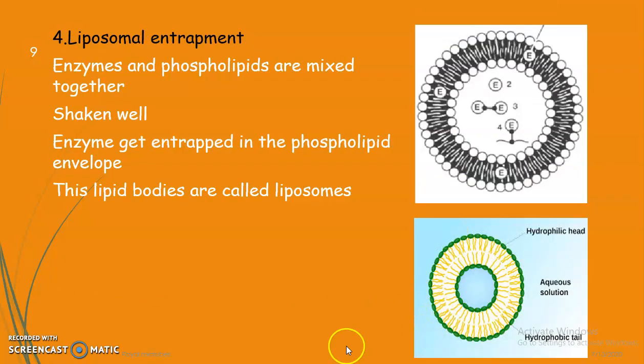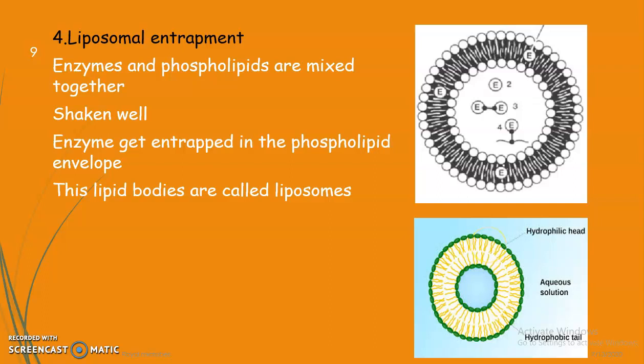Then the fourth one is where enzymes and phospholipids are mixed together, that is liposomal entrapment. You have already studied phospholipids in the plasma membrane, and here the phospholipids are mixed together and shaken well so that they form a phospholipid bilayer. This is the phospholipid bilayer, and the phospholipid has a hydrophilic head and a hydrophobic tail.